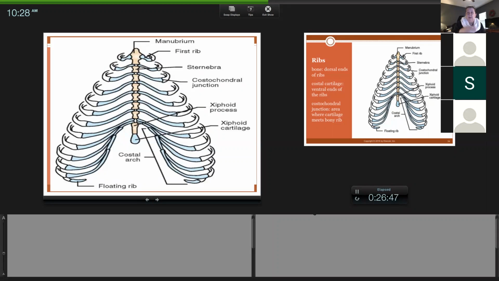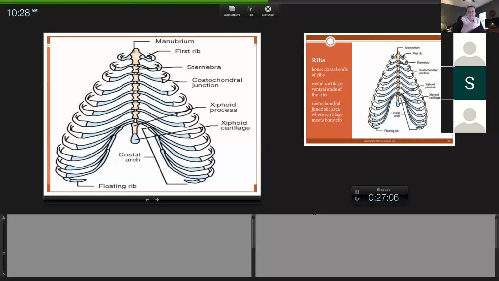That's the manubrium. The very end here is about where, if a dog was on his back, right about where his last rib is in the belly, if you feel under there, there is a little bump, and it is called the xiphoid process.